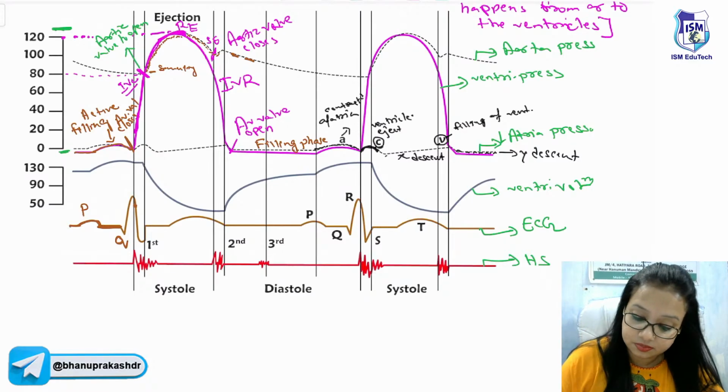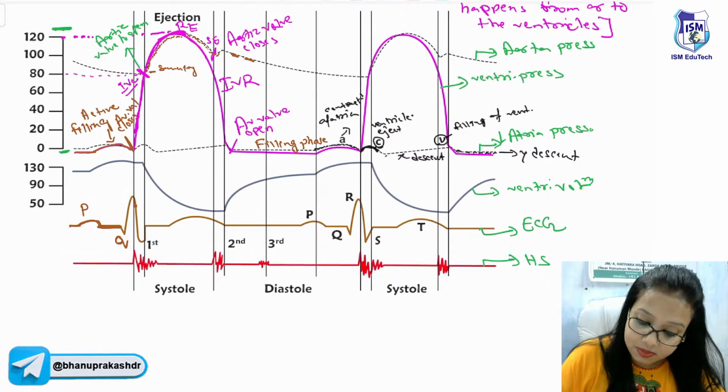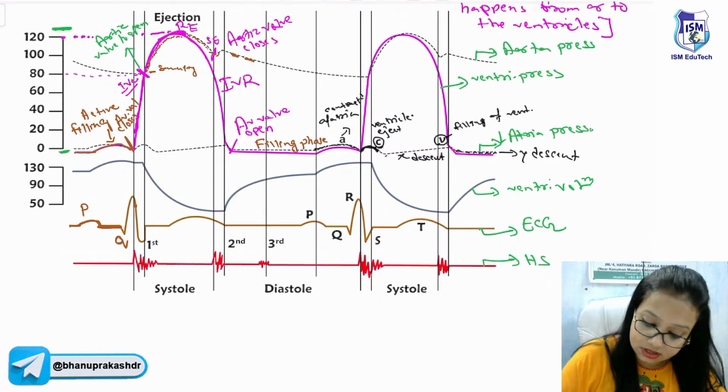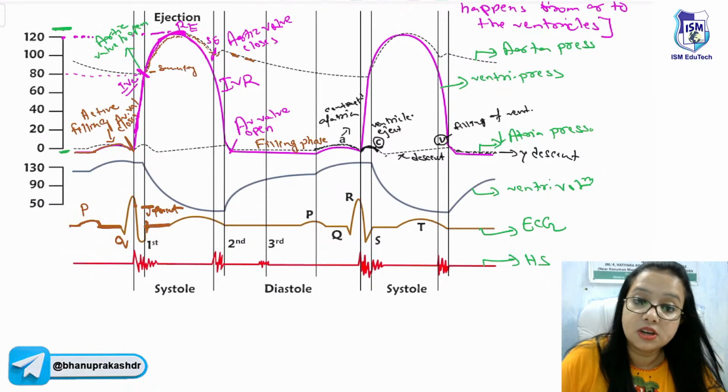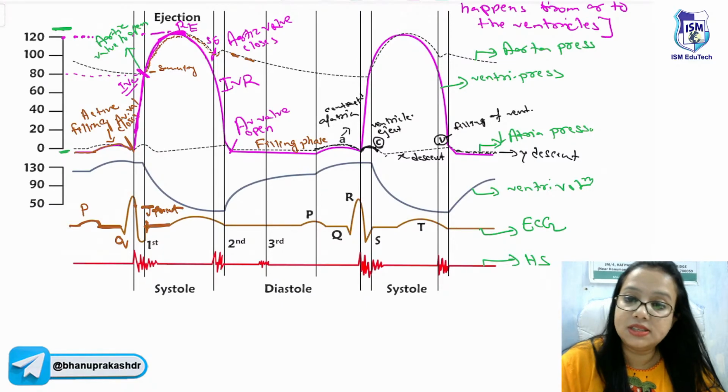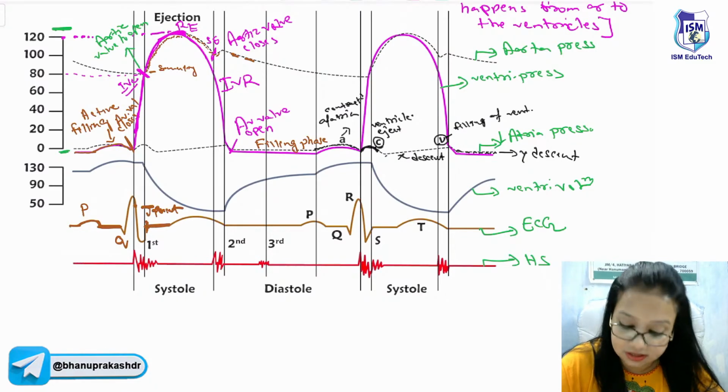Now, during the rapid ejection, the segment that follows is the ST segment. That's why the J point and the ST segment are very important to study from the ECG graph to understand any kind of cardiac condition.